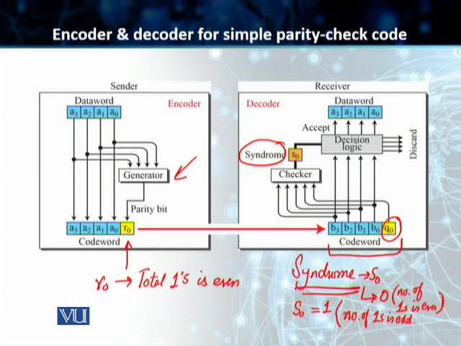So students, the syndrome is then passed on to this decision logic, which looks at the fact that if the syndrome is 0, then there is no error, and so this data word is accepted as it is. If the syndrome is not 0, we simply discard this code word. And students, this is how the parity check code works.